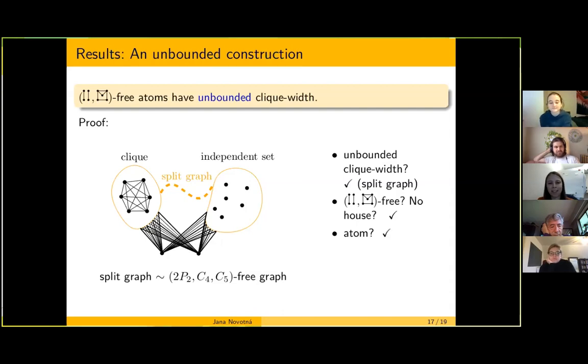In such a way, we proved that this class of 2P2 house-free atoms has unbounded Clique-width, because we found an example which had it. Usually we modify the unbounded constructions for Clique-width of graphs, which were already known, and we try to change them to atoms, as I show here, for example.